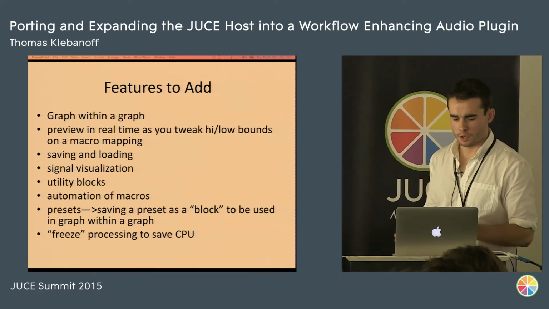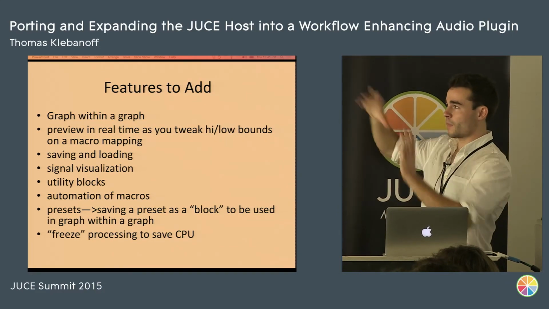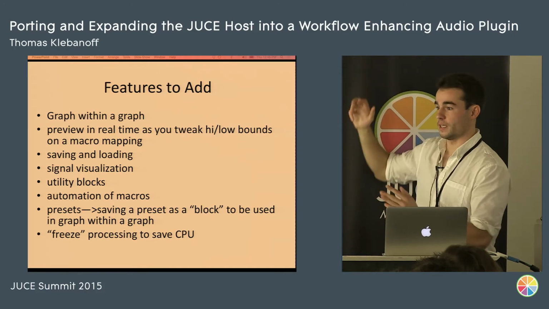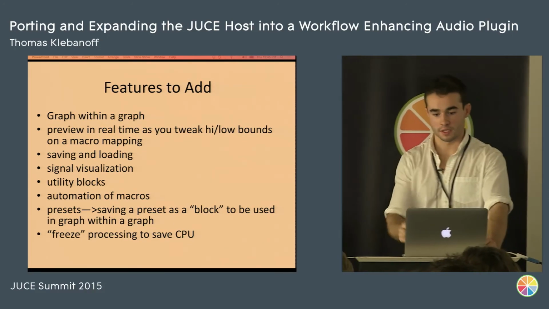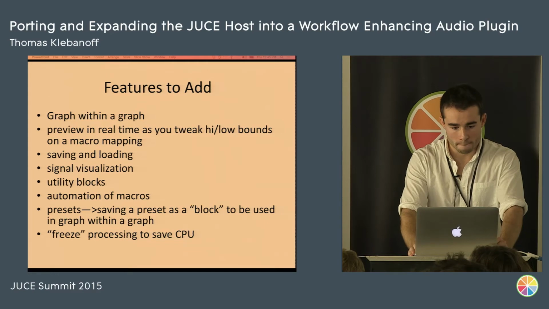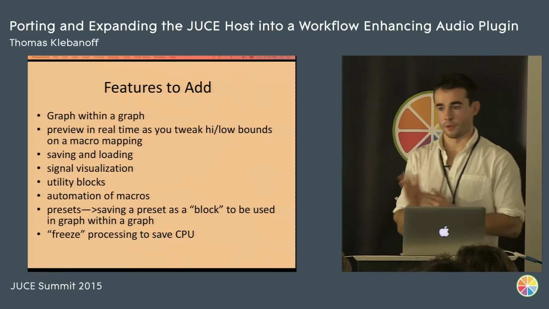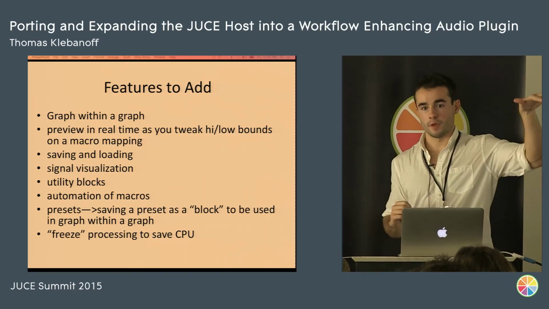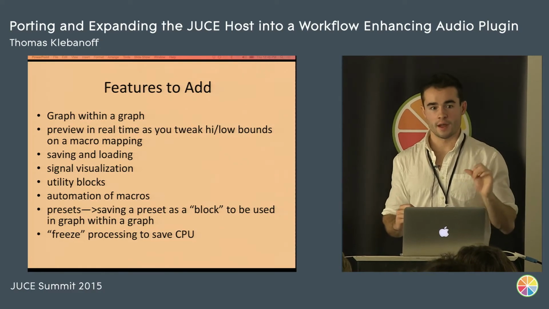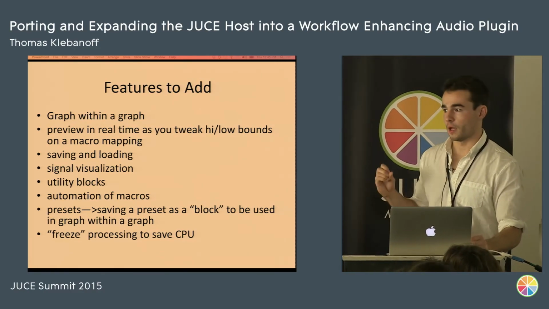And also a way to freeze your graph so that your CPU doesn't get taxed too much. Another thing I'm looking to do is have multiple inputs and outputs to the graph. I think this would address something about drum processing.